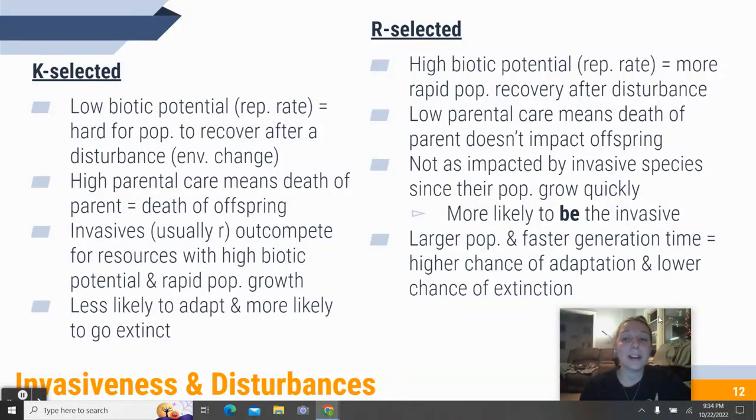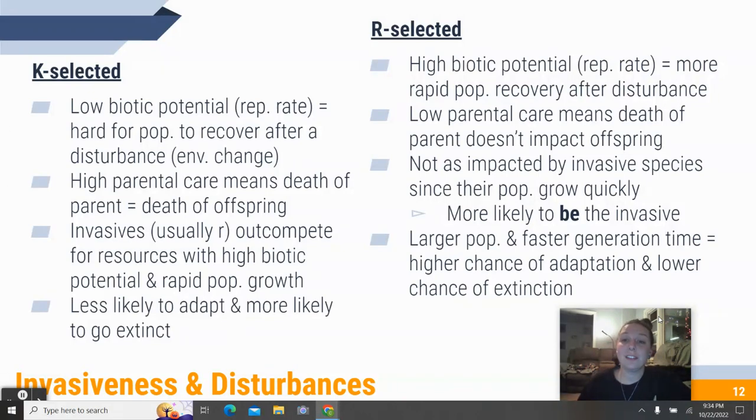When we look at the parental care, so in our K selected, because there are such high levels of parental care, if a parent is killed or dies in some way, that typically is going to also mean death of the offspring. If you have a newborn chimpanzee or elephant and its mother is killed, as sad as it is, they're not going to survive without that parent.